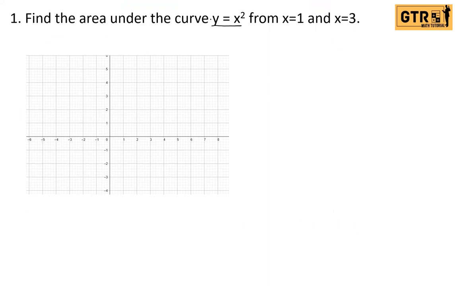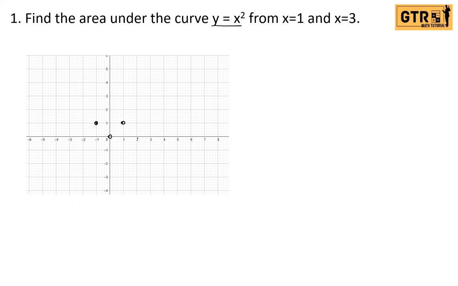So y equals x squared. This is just a basic function, a graph of a parabola centered at the origin. When x equals 0, y is also 0. When x equals 1, the value of y, 1 squared, is also 1. If x is negative 1, the value of y is also positive 1.